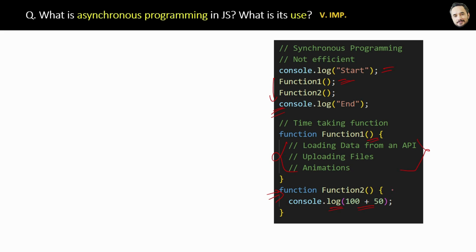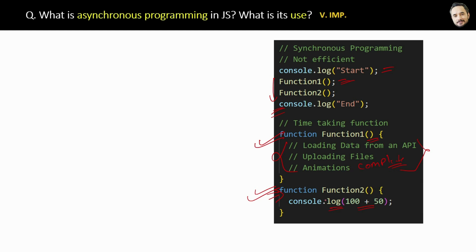In synchronous programming, function 1 will block the execution of function 2 until function 1 completes itself, right? That is the problem. It will delay the whole operation, and it can also hang or get the browser stuck. But in asynchronous programming, function 1 will not block function 2, and both can run concurrently and parallelly.